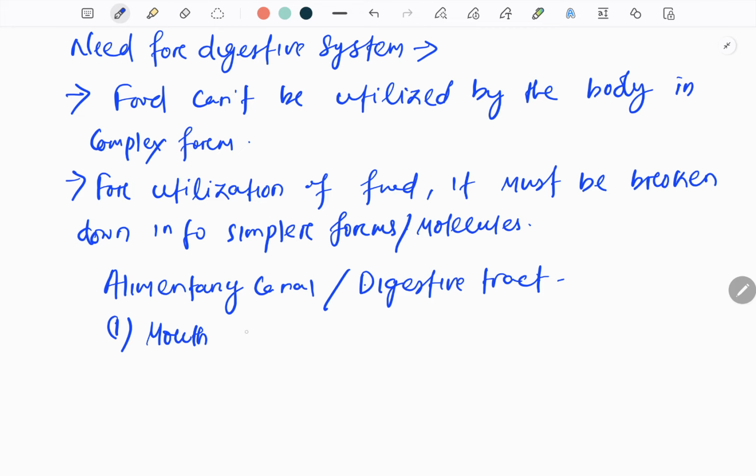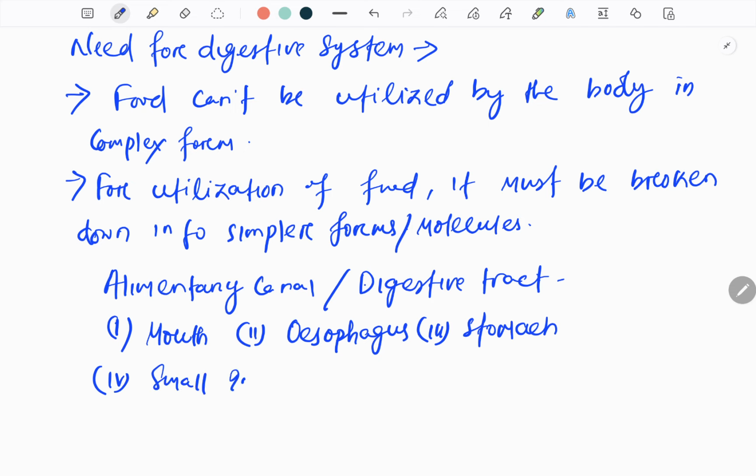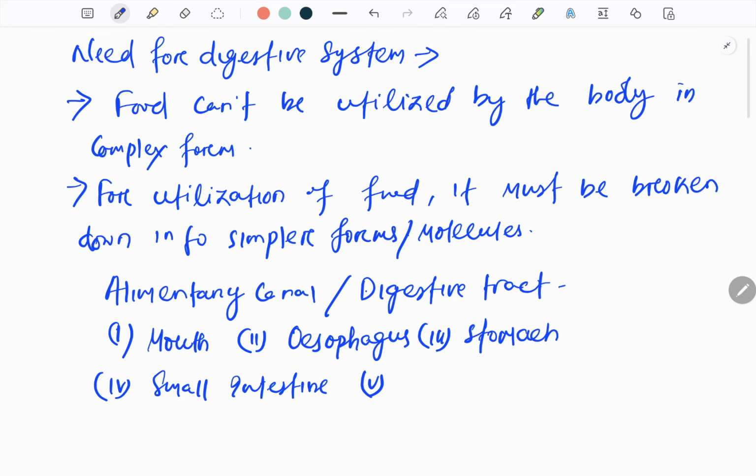The second organ is esophagus. The third organ is stomach. Fourth, it is small intestine. Fifth is large intestine. Okay, so in this video we will focus on mouth only.